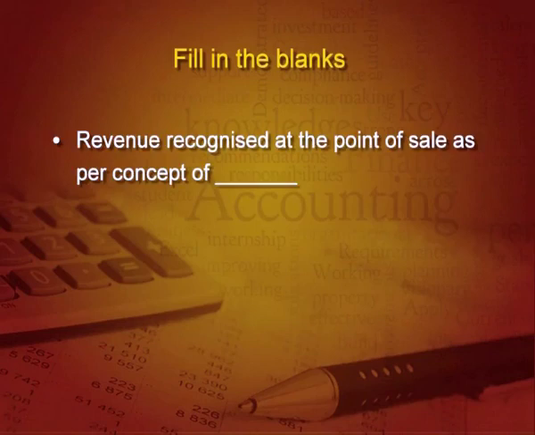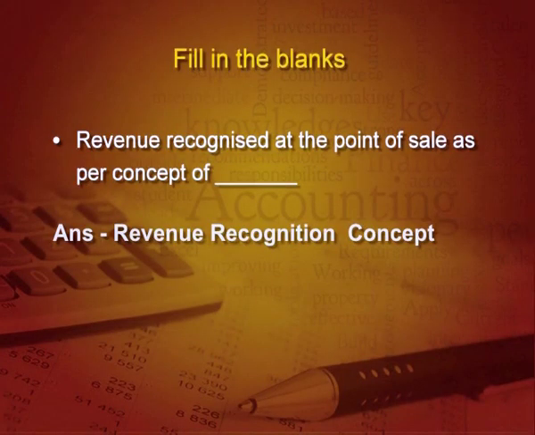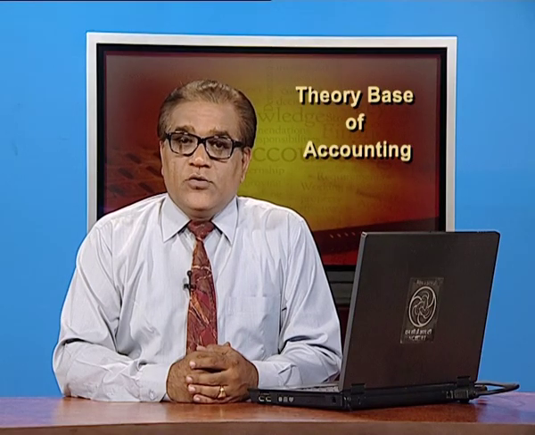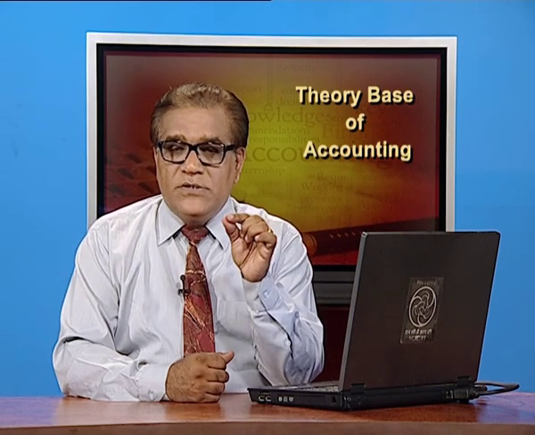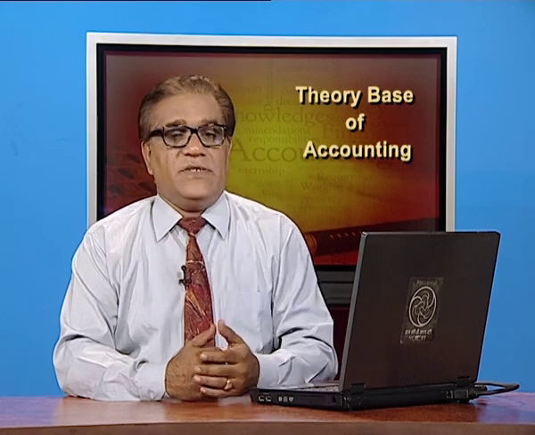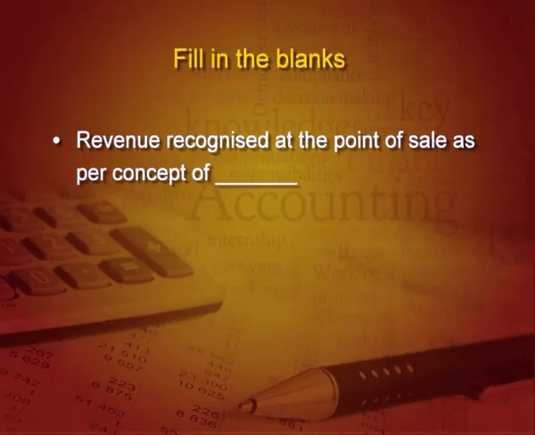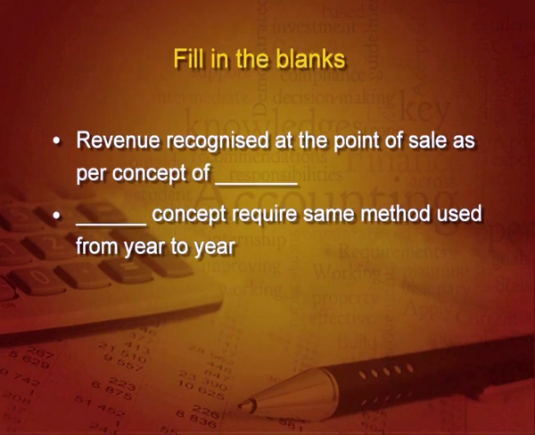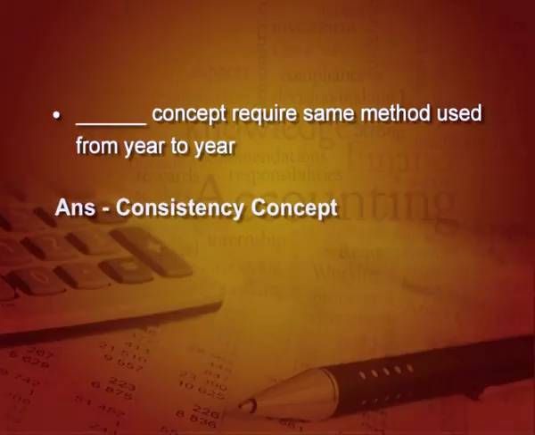First, revenue is recognized at the point of sale as per the concept of, yes, revenue recognition concept. As I told you, when we sell the goods, we recognize it as sale, not when the cash is received. Next, which concept requires same method should be used from year to year? It is a simple thing, consistency concept.